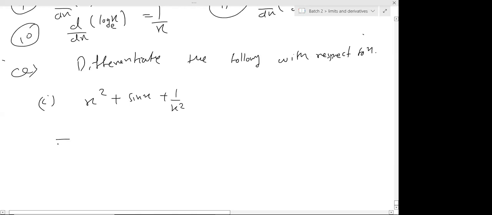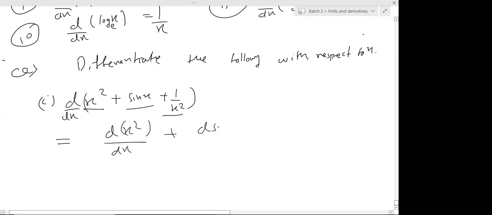How can we differentiate? You can break this into three differentiations. The question is to differentiate this whole function, so break this into three parts: d x square upon dx plus d sin x upon dx plus d of 1 upon x square upon dx.